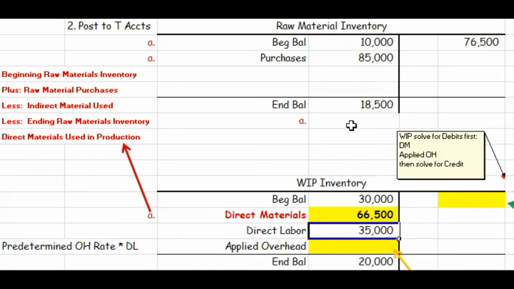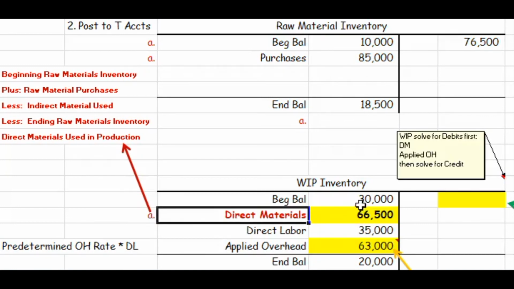So direct materials used in the current period is $66,500. We also need to apply the overhead rate. So if you can see that comment, use your predetermined overhead percentage by the direct labor above, which is 35,000. So that's your 180 times your 35,000. So we've solved for the debits.